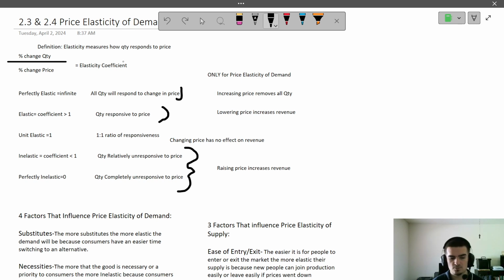But if the price of gasoline just changes tomorrow, no one can go out and buy a more fuel efficient car, or an electric car, or all of a sudden change their lifestyle to start biking to school, or carpooling, or taking the bus. It's a bit harder to change your behavior in a shorter time horizon.